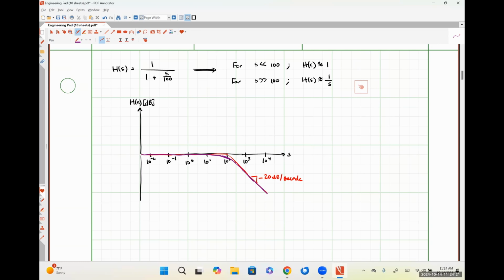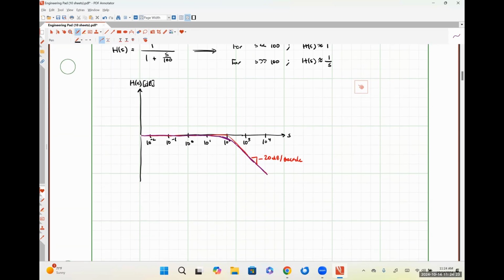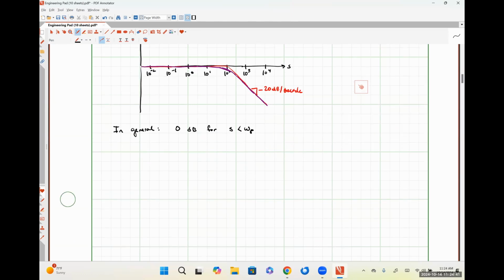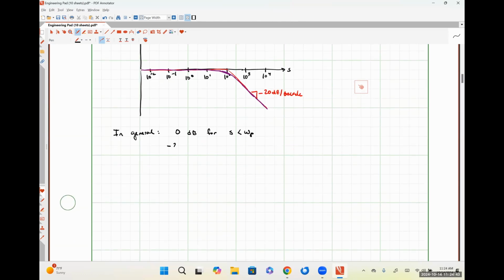So in general, based on just these two simple explanations, we have 0 decibels for s less than our pole frequency, and we have a graph that is decreasing at negative 20 dB per decade for s greater than our pole frequency.